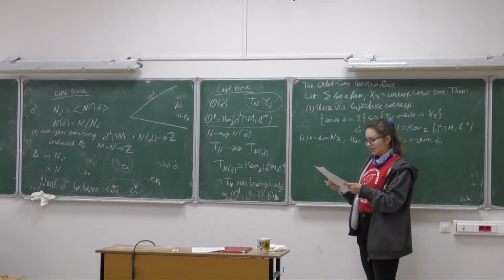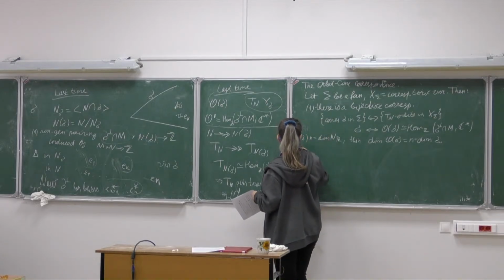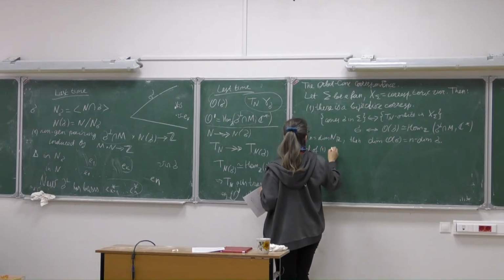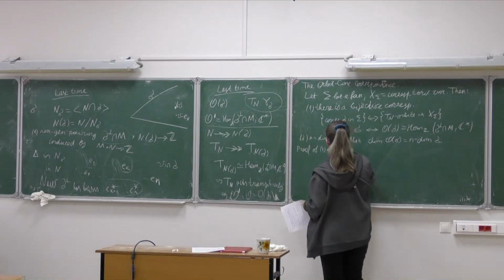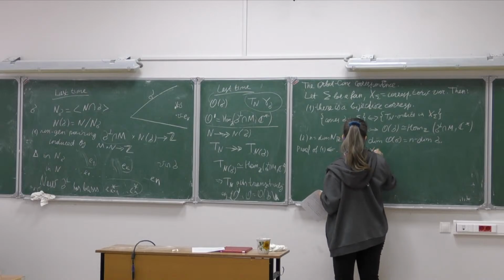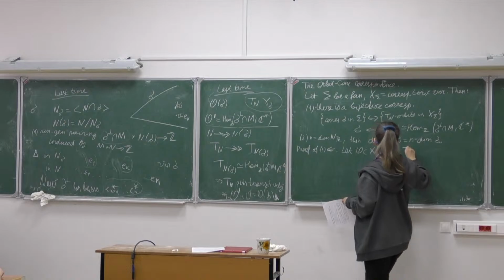We show the other direction. So proof of 1 in this direction. Let O in our toric variety be a T-orbit.